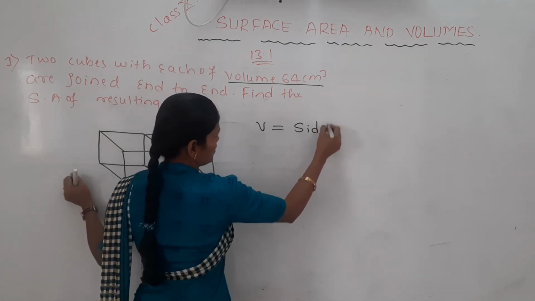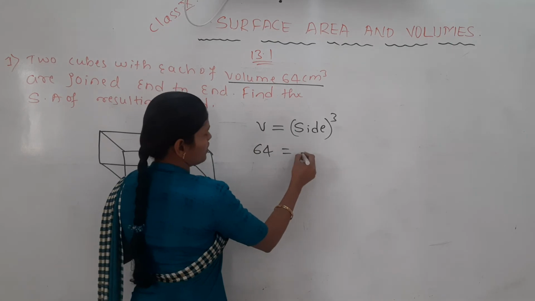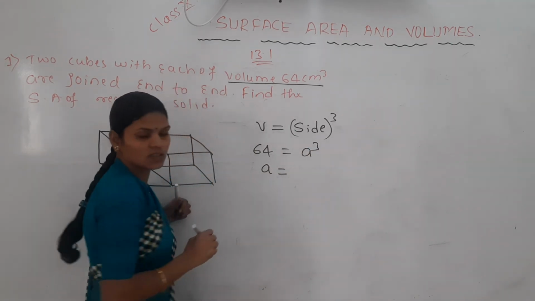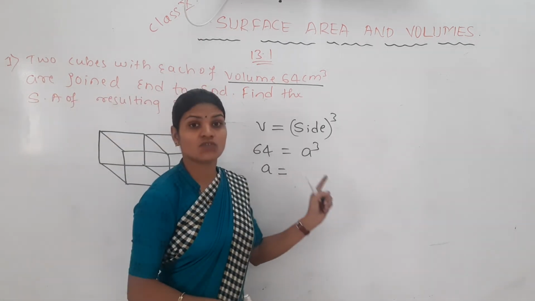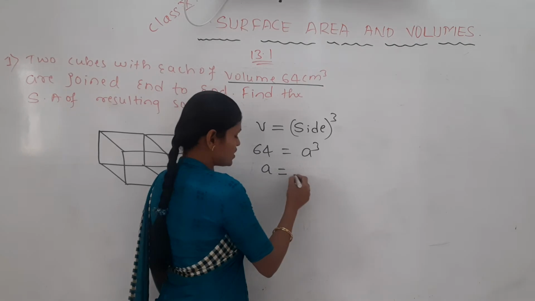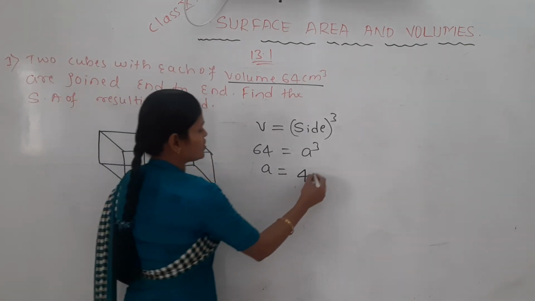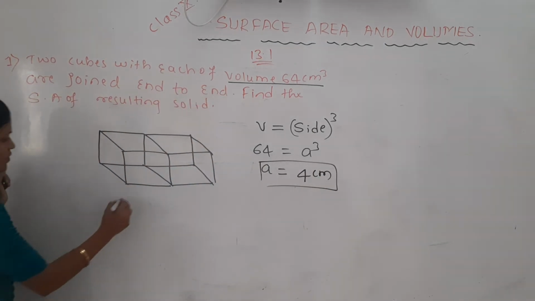Volume is 64, so a cube equals 64. So what is the side of this cube? 4 4s are 16, 16 4s are 64. So the side of the cube is 4 centimeter, you got.